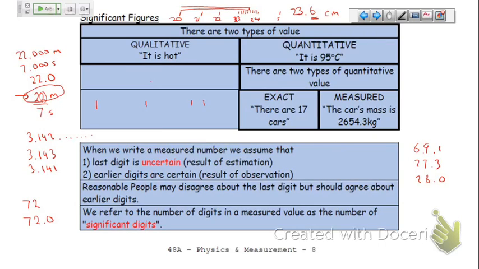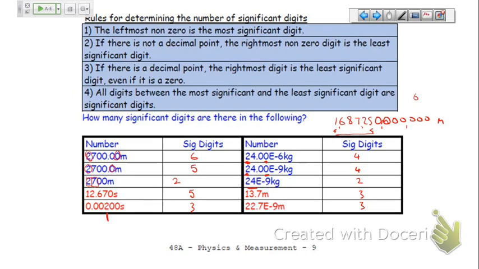So the first thing is, can we talk about this? And we say, yeah, we're going to talk about it in terms of significant digits. And let's work out how to determine the number of significant digits. The basic rule is the left-hand most non-zero digit is always the most significant.